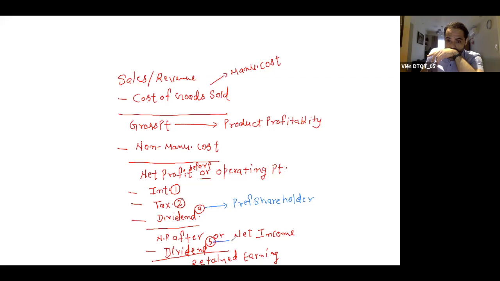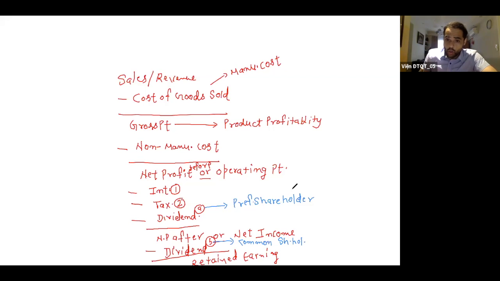And the dividend we pay for common shareholders, we call common share dividend. So we always pay preference shareholders' dividend first, and then we pay commons.